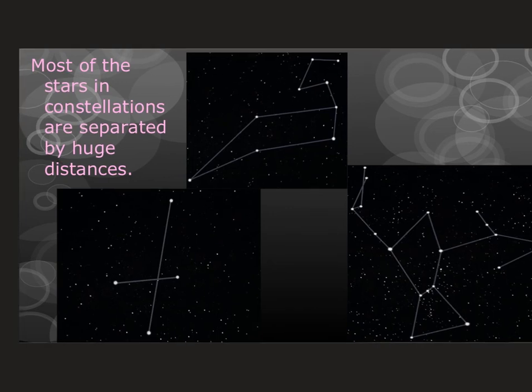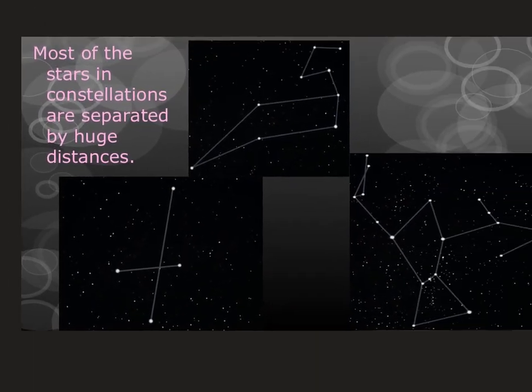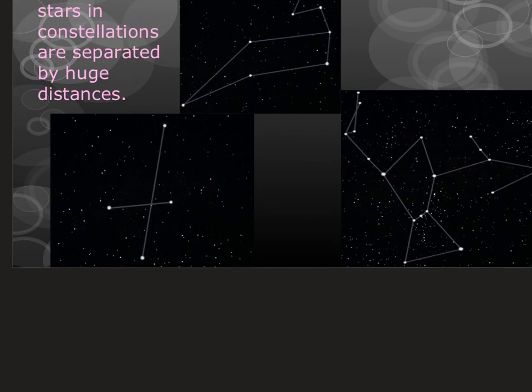Most of the stars in the constellations are separated by huge distances. Like how I paused the video today and we zoomed in on the Pleiades, you can see that they're actually not on a flat plane. If you were to look at something like Crux here, and you were to turn it on its side, rotate it like this, and look at the stars from the side, you wouldn't see 4 stars in a line like that.